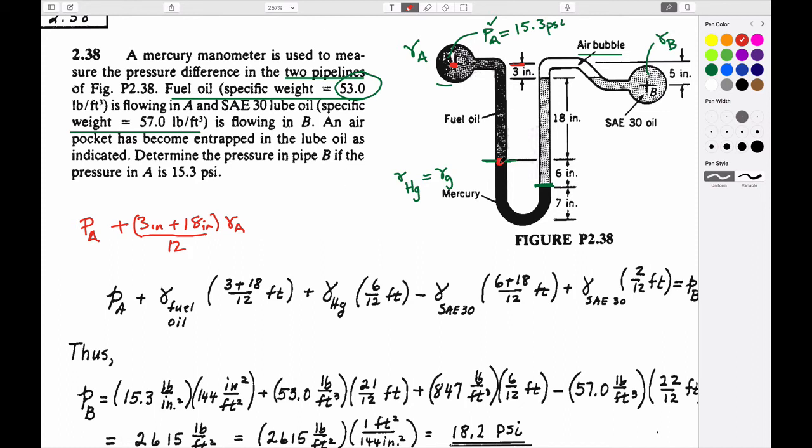So we've gone down, we have a high pressure. So we know that now we can go to this point here, and that should be exactly the same as this point here. So again, we go down, plus 6 over 12, so this is inches in a foot, multiplied by gamma gauge fluid.